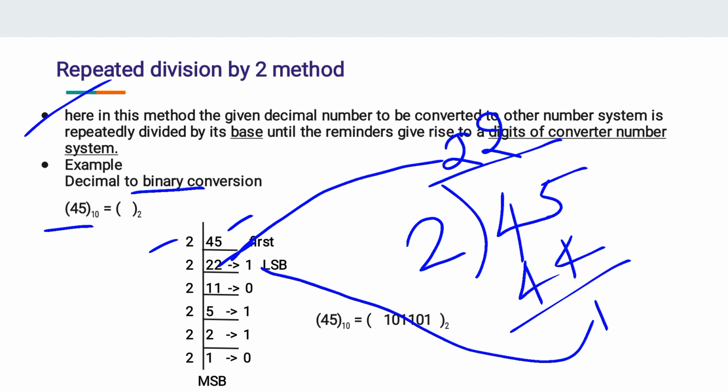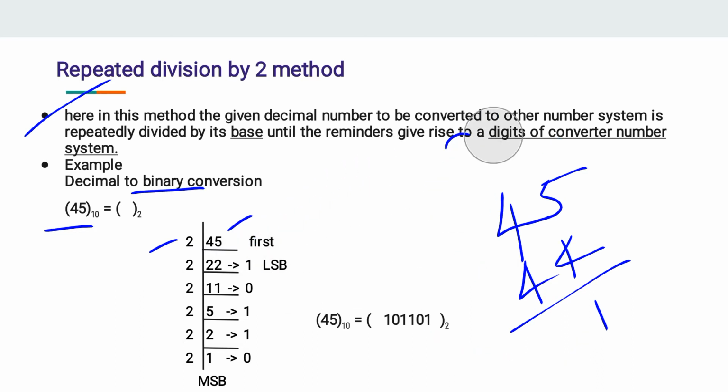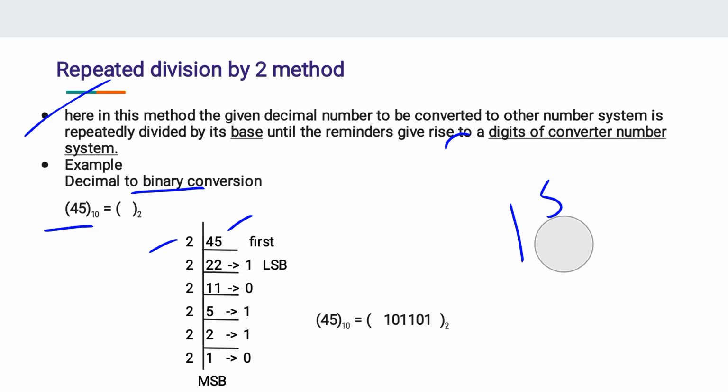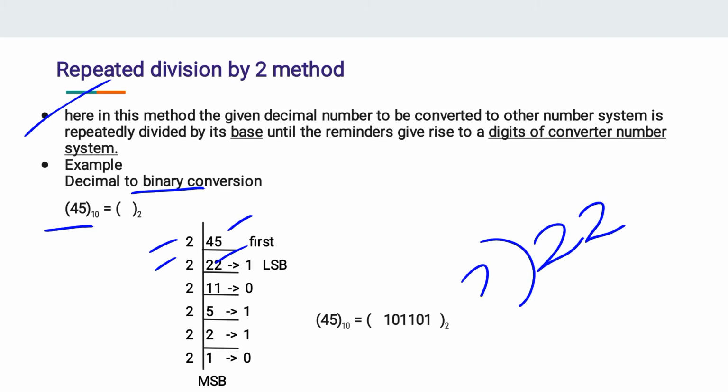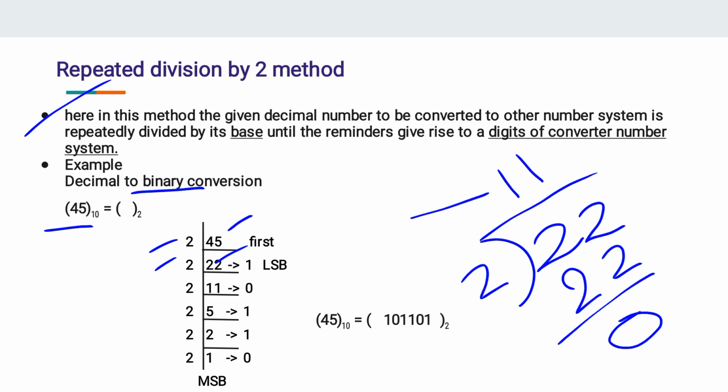Clear? So next again you have to divide. 22 by 2, you will get 11 and the remainder 0. So 11 here and 0 here.